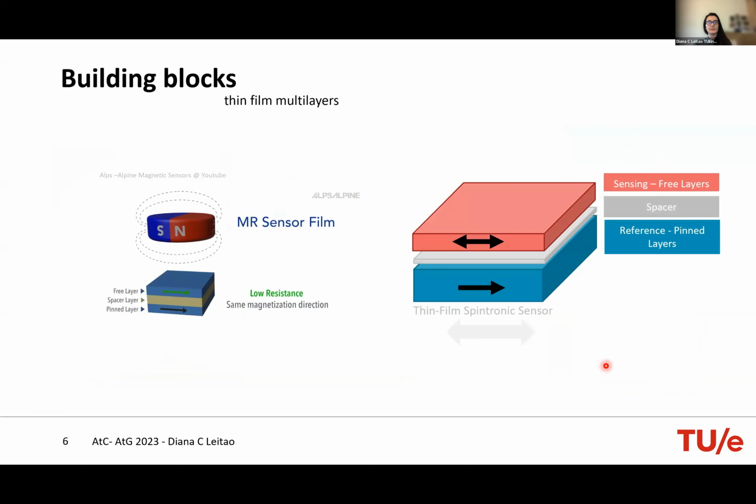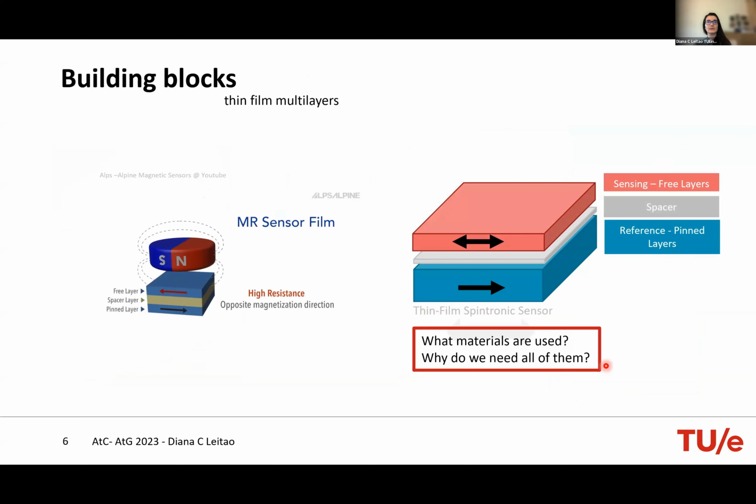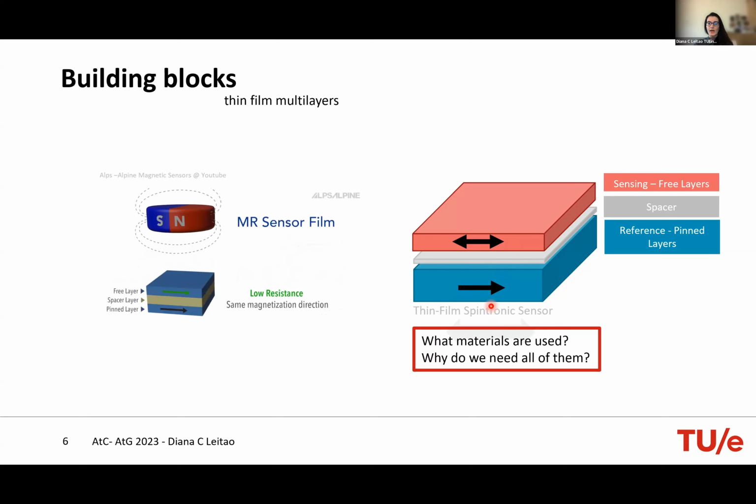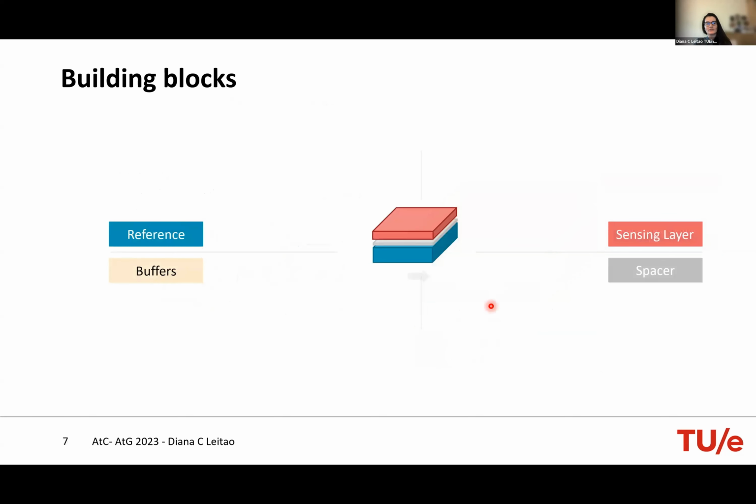And of course, we go a bit back to the main building block. As I said, in this main building block, what is important to keep in mind is that we have different nanometric layers. In order to develop each one of those applications that I just talked about, we need to take into account what materials are used, what materials we need to use, and of course, why we need all of them.